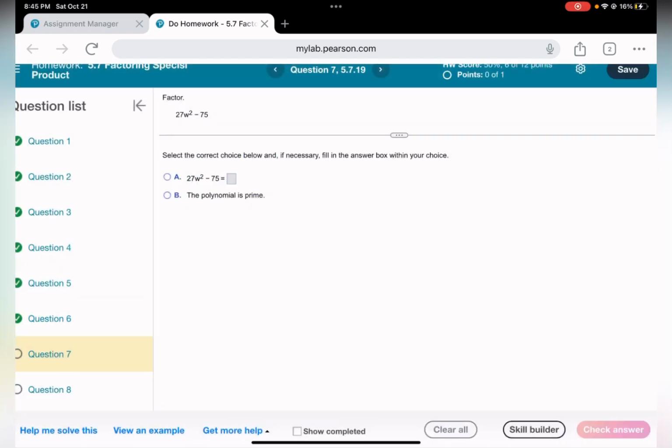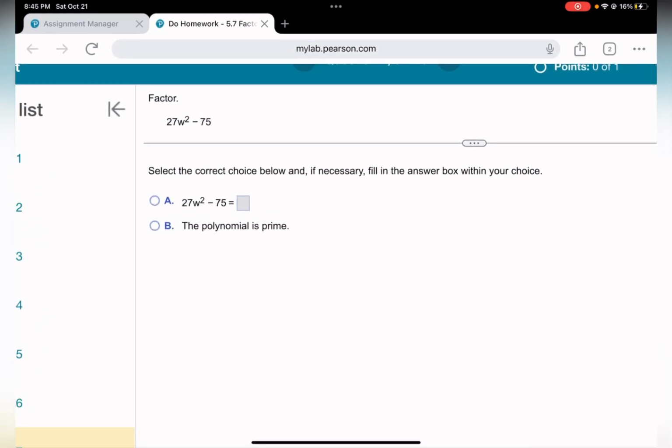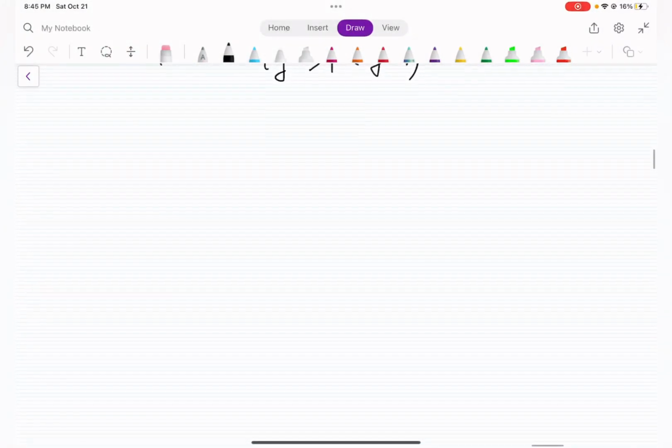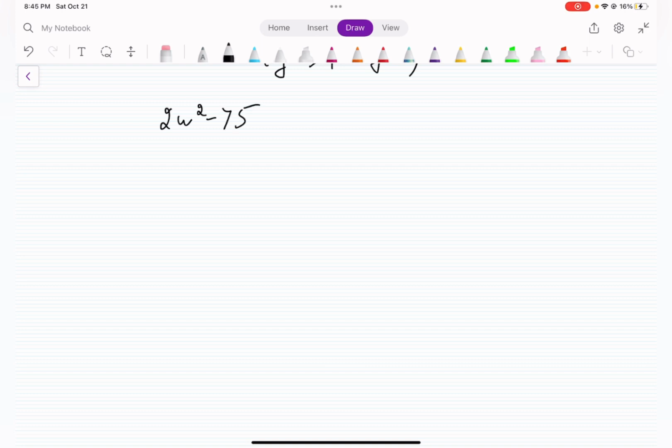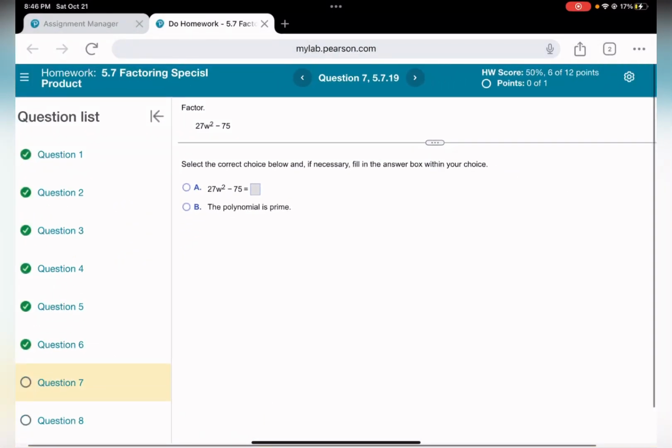Question number 7. Okay. 2w squared minus 75. So no number squared will give me 75, right? And no number squared will give me 2. Oh, 27, okay.